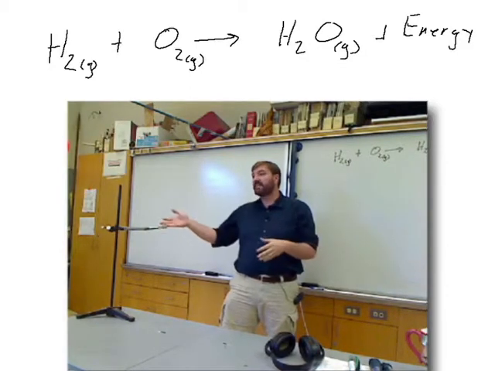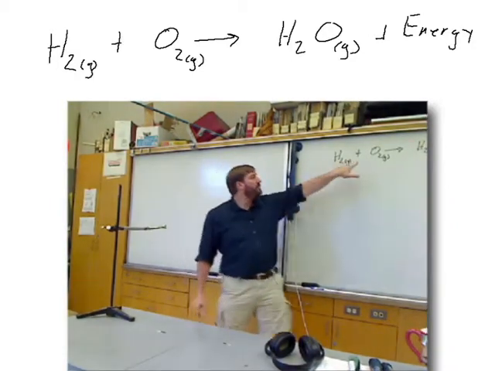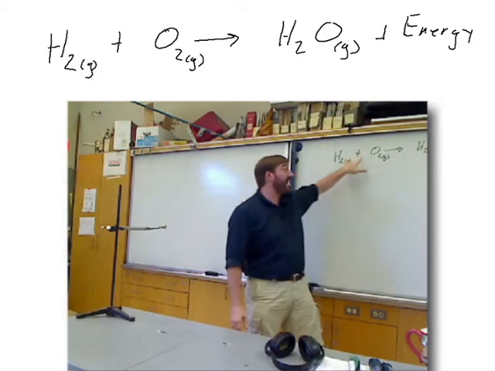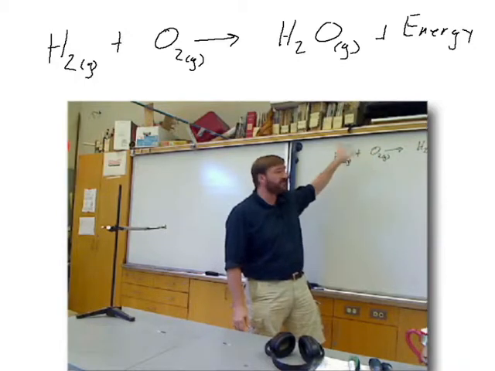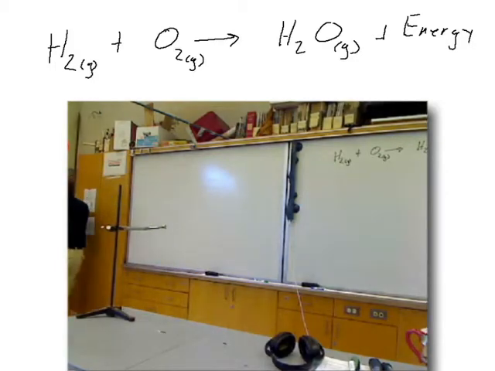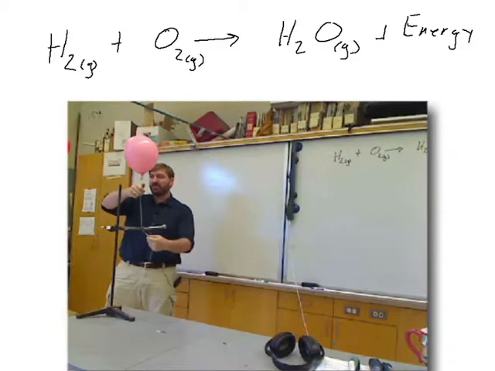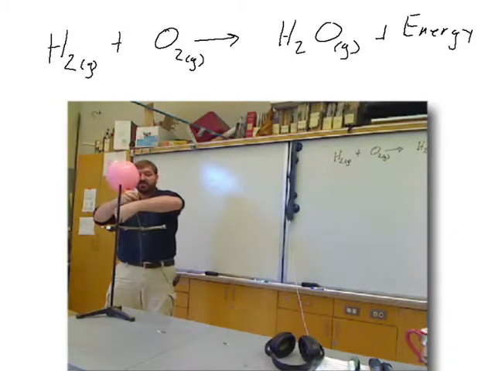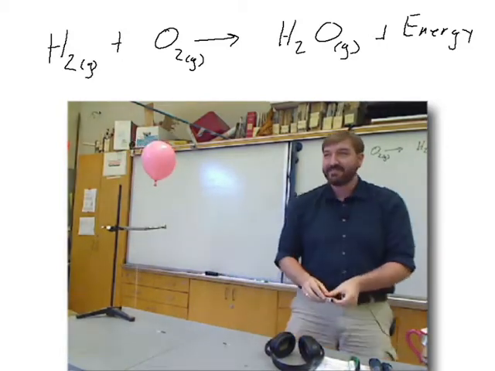So when I go through and calculate how much water can be produced, I need to start with the limiting reactant. In this case, I need to start with the oxygen. So, step 0, get a balanced chemical equation. Step 1, figure out what your limiting reactant is. Step 2, use the limiting reactant to calculate how much product will be produced. So I need to start my calculation with the 100 grams of oxygen because that's my limiting reactant.